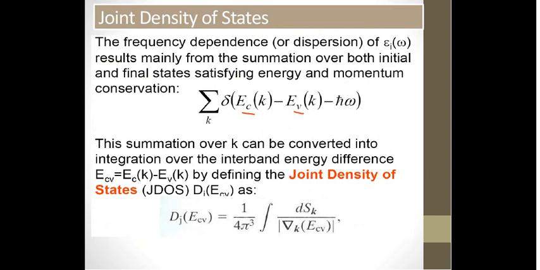The joint density of states is given by dj of ECV, the difference between the conduction band and the valence band. That is equal to 1 by 4 pi cube integral of dSk divided by delta k of ECV. We can derive these expressions while we study the joint density of states.